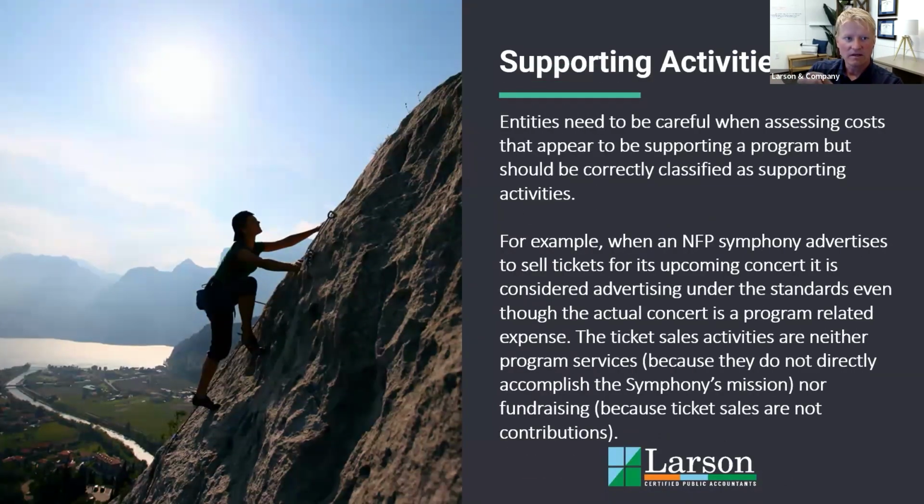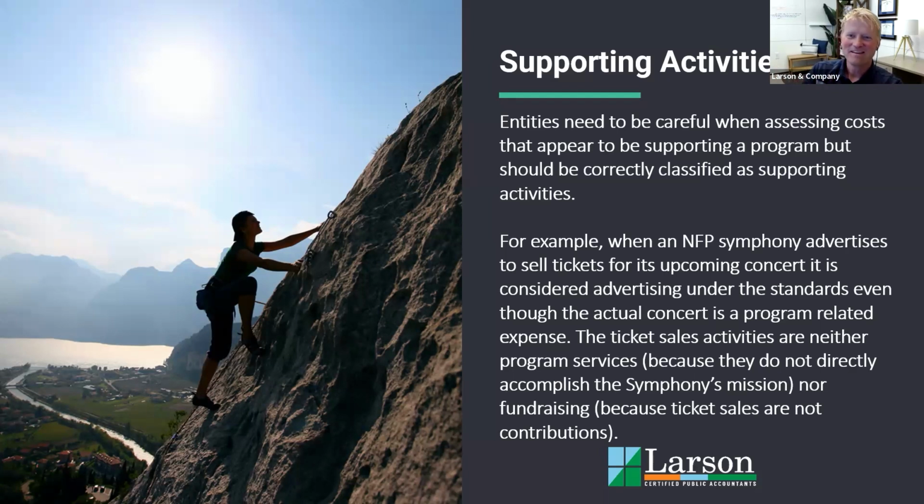All right. And then entities do need to be careful when assessing costs that appear to be supporting a program, but should be correctly classified as a supporting activity. So this happens quite often where some expenses will be put into program activities just because it happens.